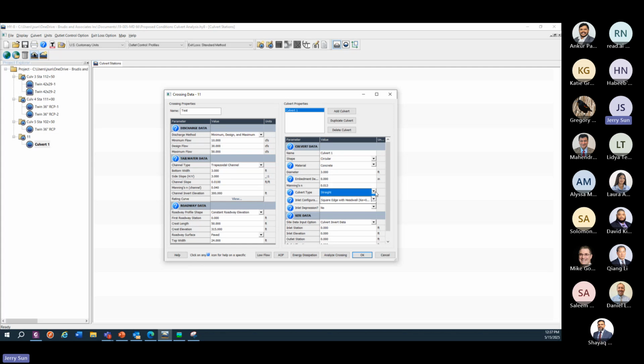If they don't have any head wall, it's just projecting into the channel, so it is larger, for example maybe 0.7. But for the culvert, at least we have the head wall or something, right? We most likely use 0.5.